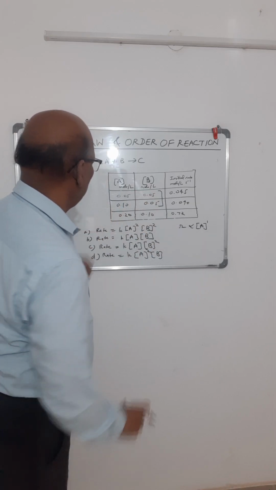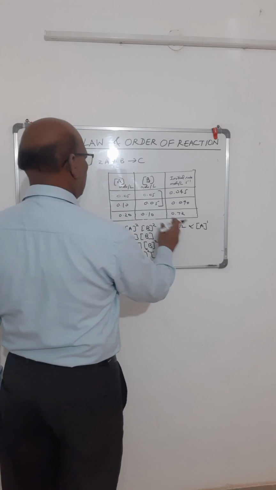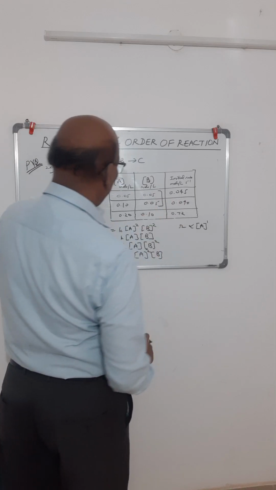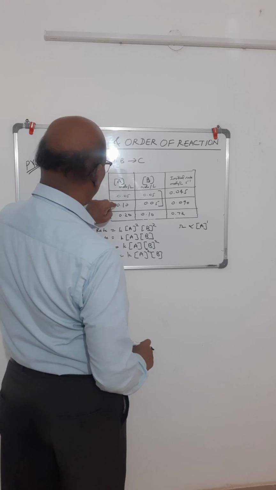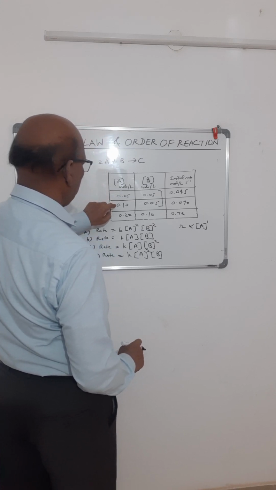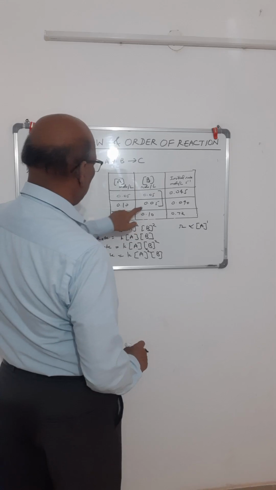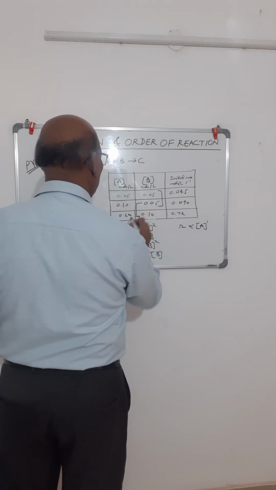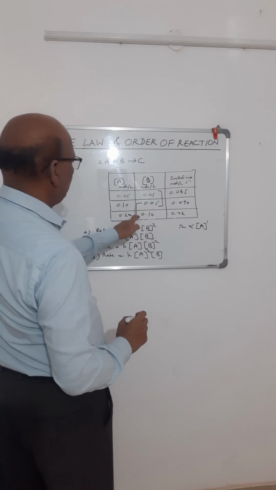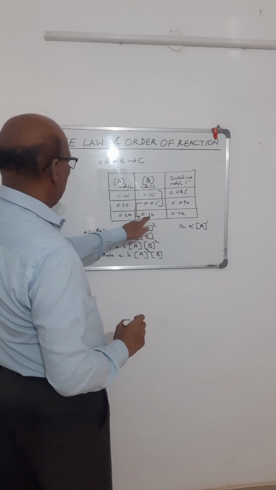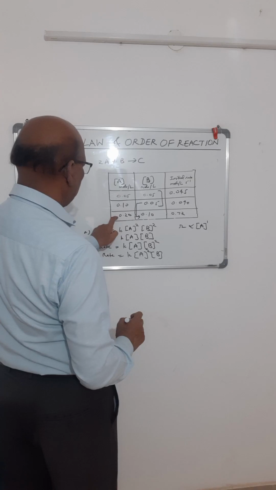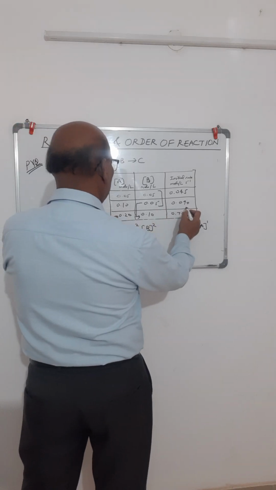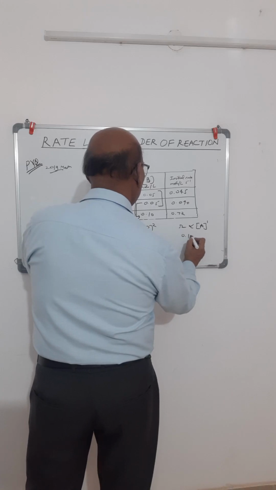सेकेंड केस में हम ये देखेंगे कि how this rate is affected by concentration of B. ओके, अभी हम यहाँ पे देखते हैं जब हम कंसंट्रेशन ऑफ ए डबल करते हैं, तो इसकी सेम है. अब यहाँ से यहाँ जा रहे हैं, मान लो हम इसकी कंसंट्रेशन 0.05 से 0.1 हुई, यानी concentration of B is doubled, and concentration of A is also doubled. हमें पता है कि concentration of A डबल करने से रेट डबल हो जाएगा, यानी रेट 0.18 हो जाएगा.